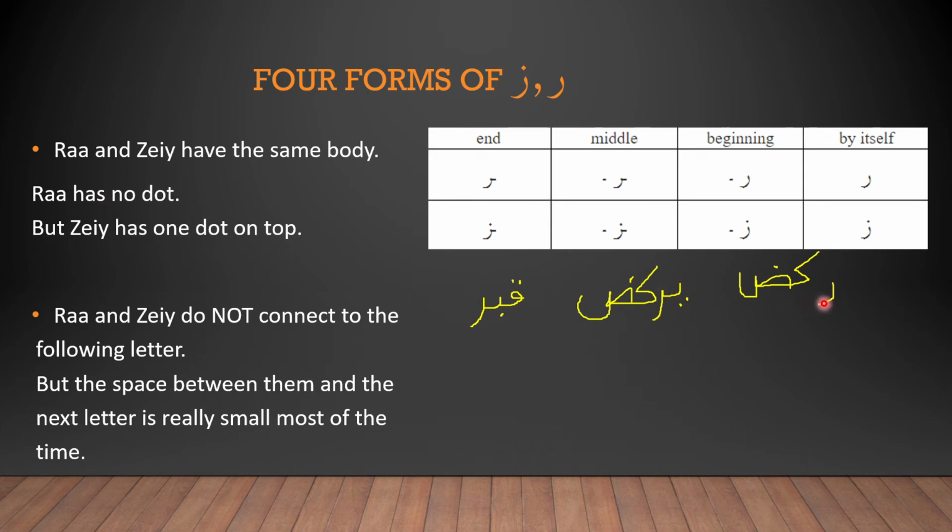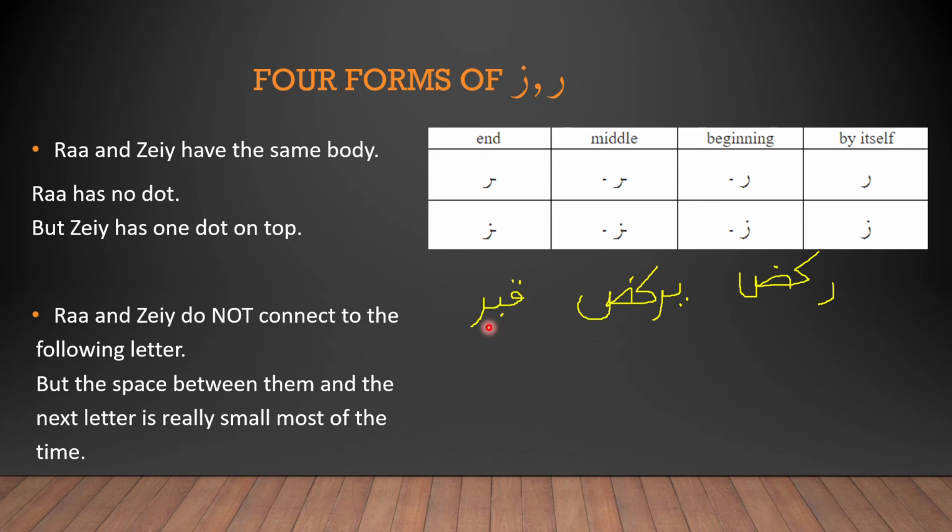Now, as we saw in the case of Ra, the letters do not connect with the after letter. Just like in the case of Alif, Dal, and Zal, Ra and Zay do not connect with the other letter. So in a word, there will be a small space between these two letters, and then the next letter will come.